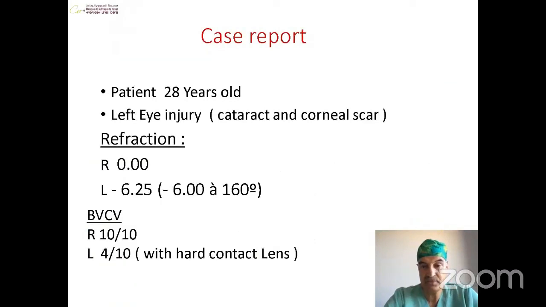I would like to present to you these clinical cases of a young patient aged 28 years who was a victim of ocular trauma at the age of 8 years, with a post-traumatic cataract and corneal wound causing high irregular astigmatism and decrease in visual acuity.